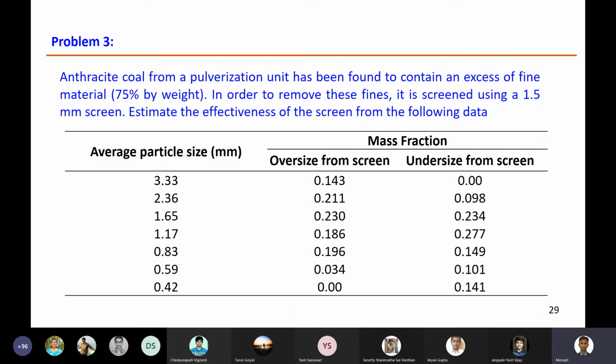Right, so the data that is given is the average particle size, oversize from the screen, and undersize from the screen, the relevant mass fractions. Okay, so what do you understand from this problem?